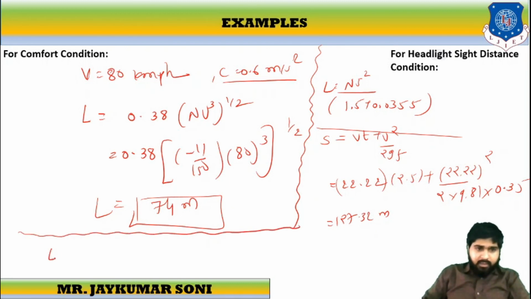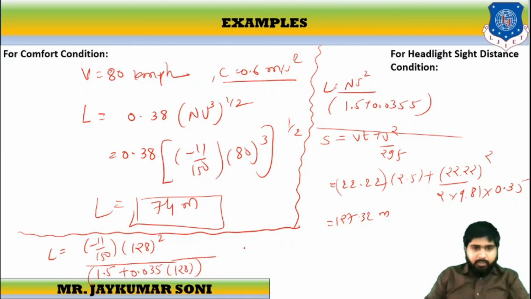Okay, L equals to N. What is the value of N? That is minus 11 by 150. S, the value of S is 128 whole square by 1.5 plus 0.035 into 128. Put the value and tell me what is the answer that you are getting.